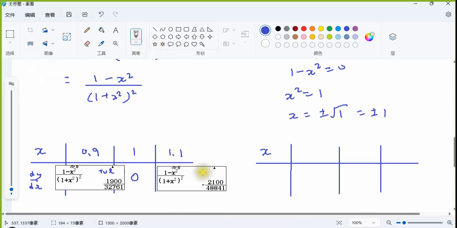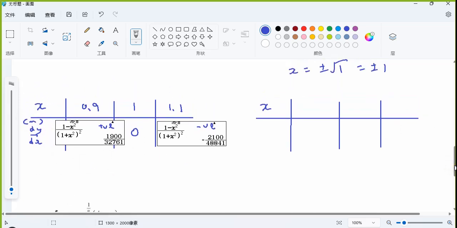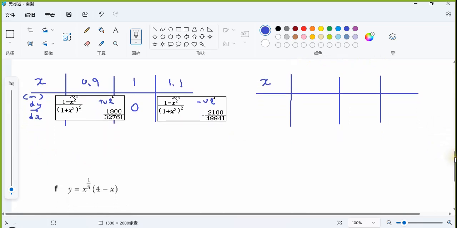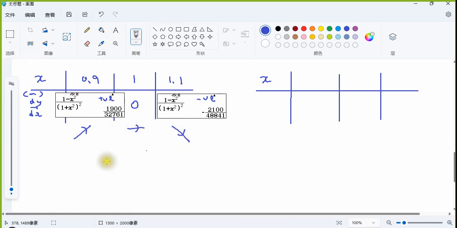So this is a negative value. So this is actually the gradient. So the graph for this will look like, we will have positive, 0, negative. So it looks like this. So it is a maximum.